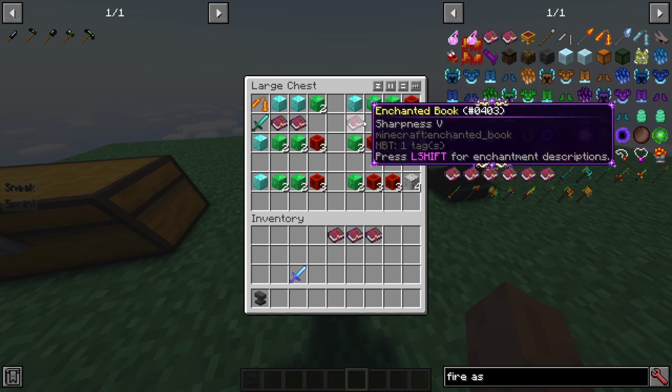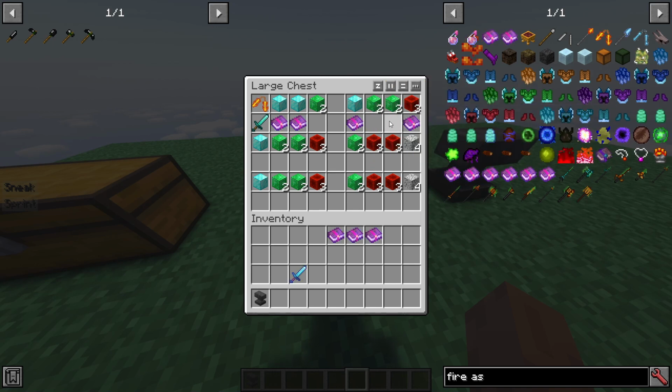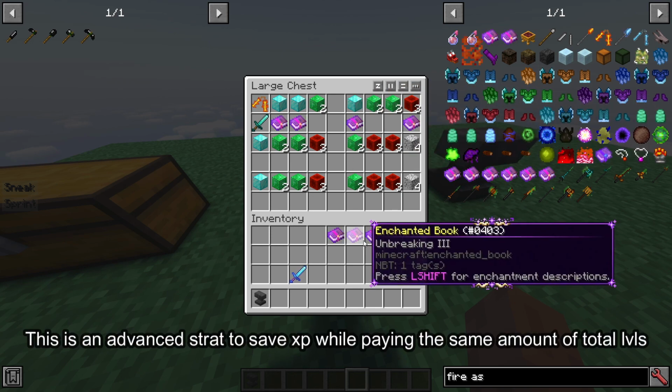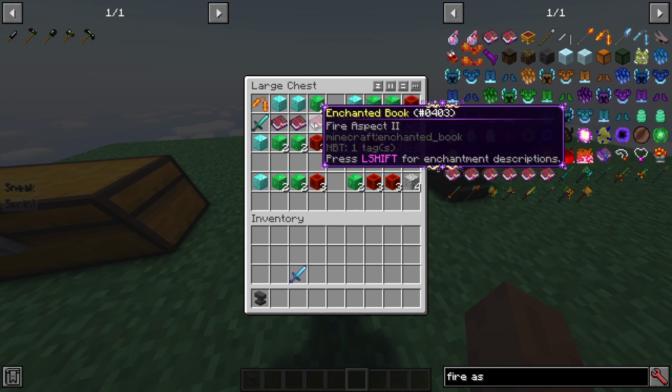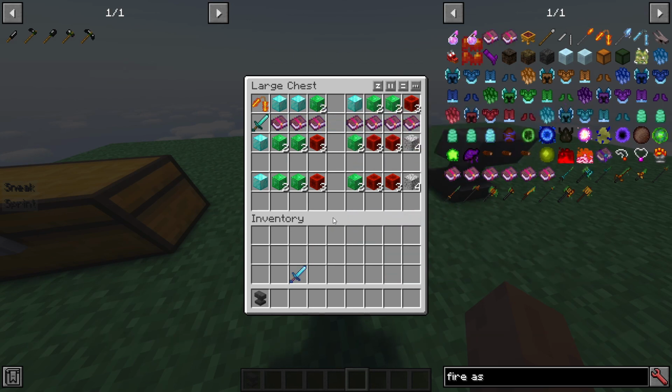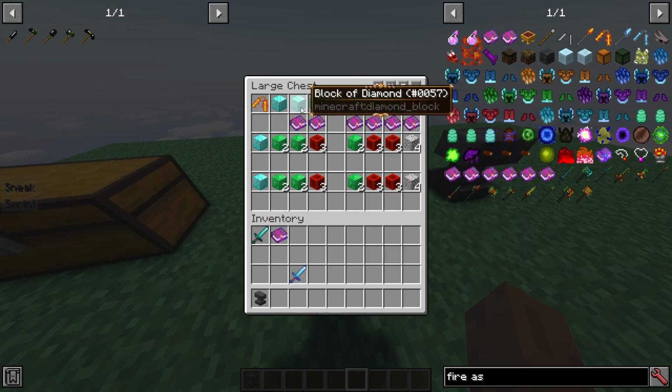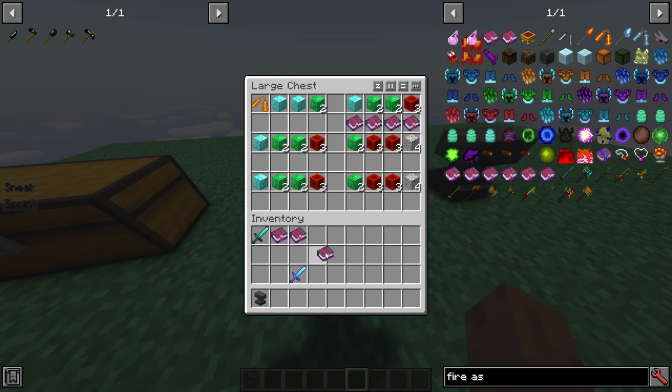So we want to put the cheapest enchantments on here, so that this 4 book in total costs the least amount. So we put this and this in here and this in here. And if we do that, we can calculate how much it's going to cost.